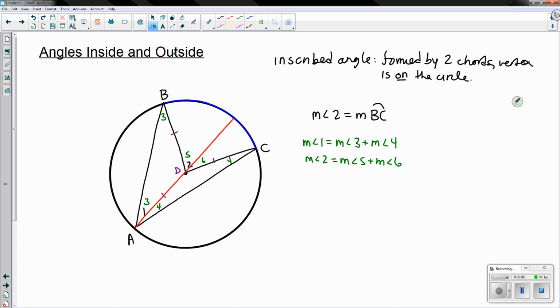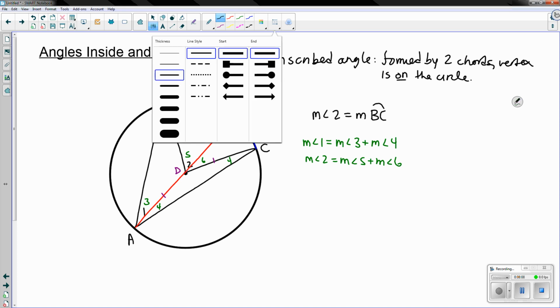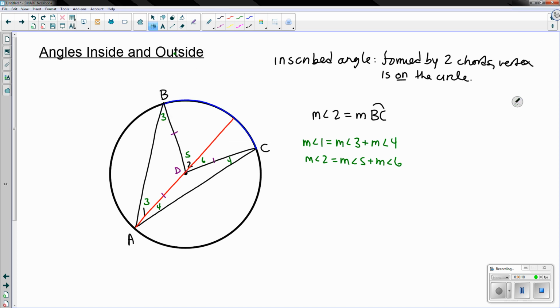And what we also know is that when I extended through that center point, from A through D, the reason why I kept going and didn't stop at D, I could have, but what happened was I created this scenario here where I have, say, 3, 3, and this angle 5. That angle 5, if I'm just looking at that piece, represents an exterior angle on that isosceles triangle.